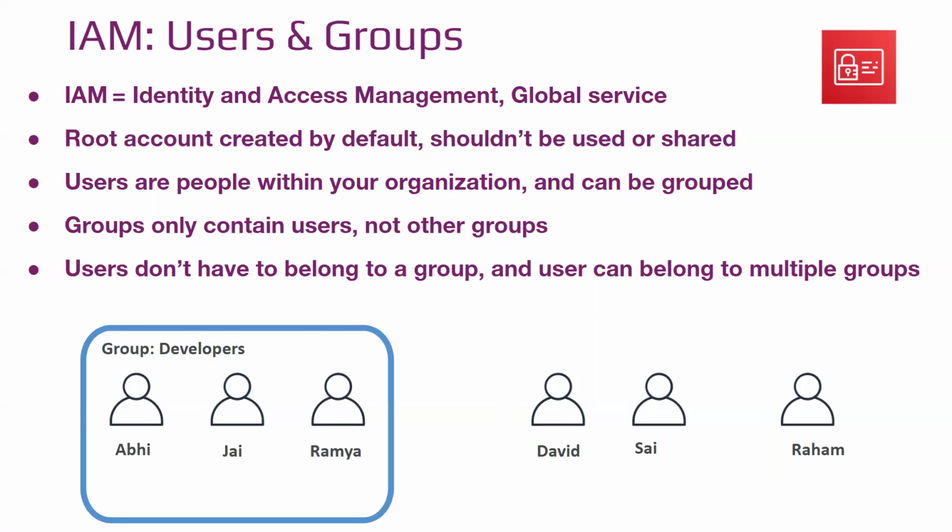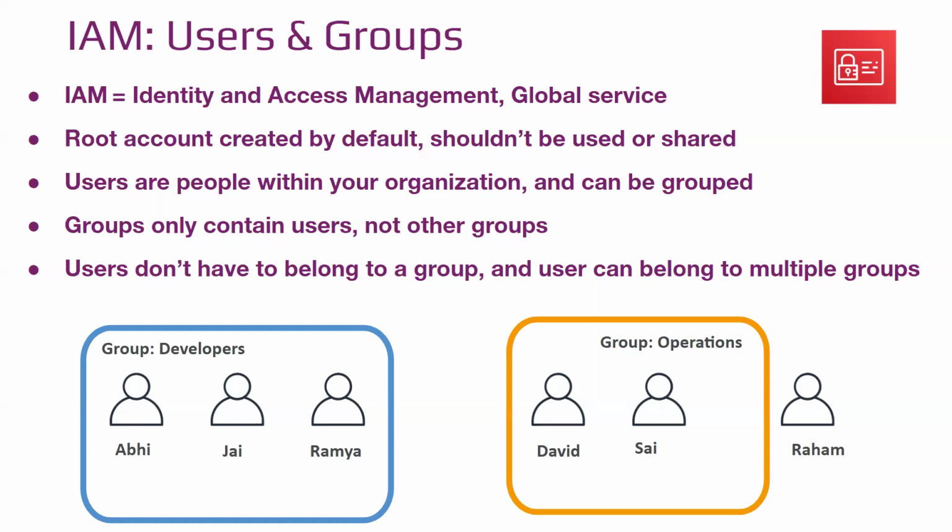We can create one group named developers for Abhi, Jay, and Ramya. Similarly, David and Sai are from the operations team, so we can create one group for them. Raham is not relevant to any of these groups, so he can be outside the groups.